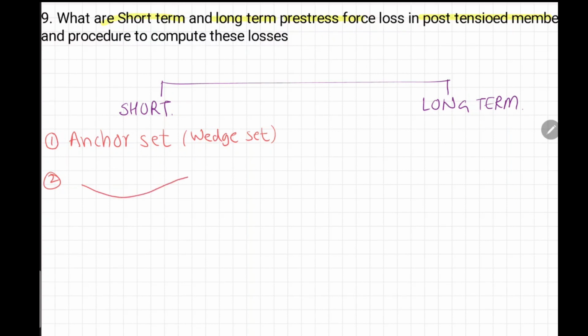So we have two effects: one is the curvature effect, and the second is the wobble effect, which depends on length. So this curvature and wobble both depend on the type of duct utilized.